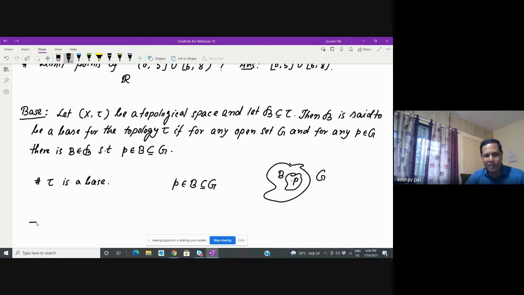Say you have a set X and script B is a collection of subsets of X, a subset of the power set of X, and it is declared to be a base for some topology.